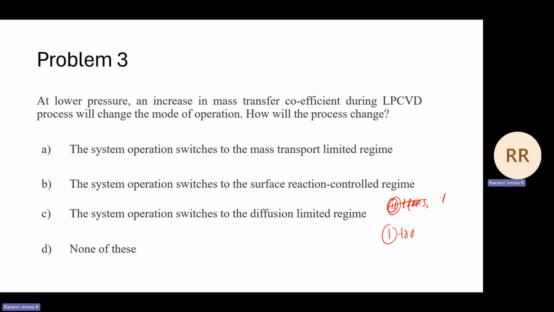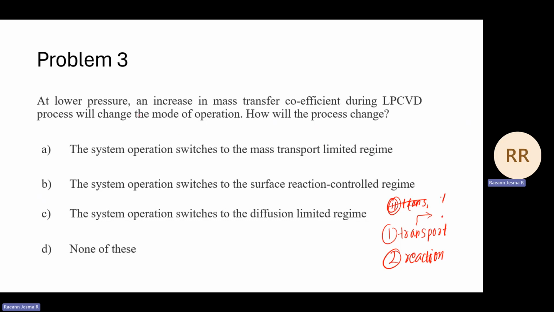So this transport is how much mass is getting transferred from the gas phase to the surface of the substrate. The reaction is how much energy is supplied so that the particular reaction will happen.